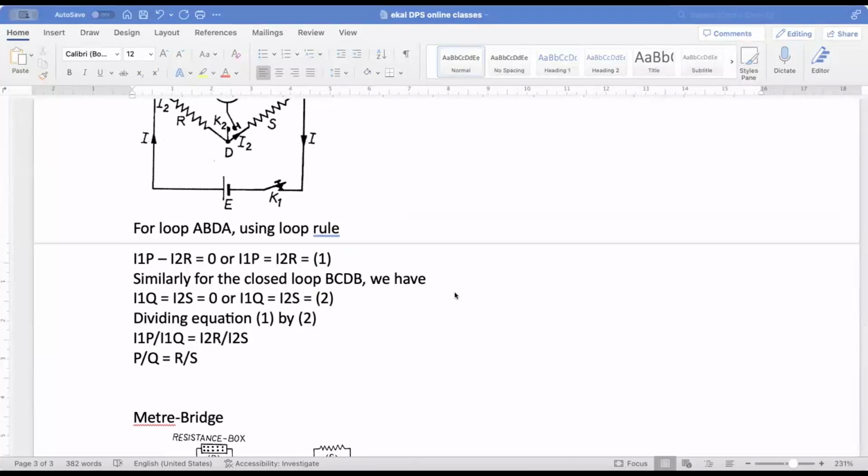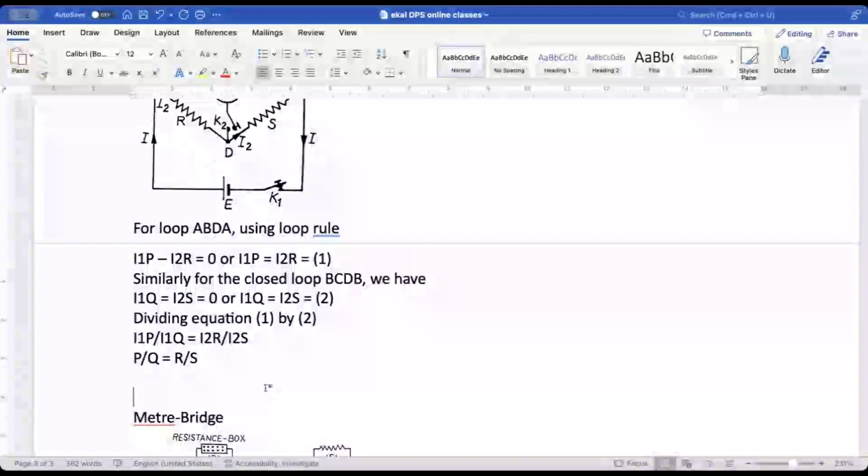Right? We can see that if the ratio of the resistances P and Q, and the resistance R are known, and S is the resistor whose resistance we are calculating, we can calculate it.